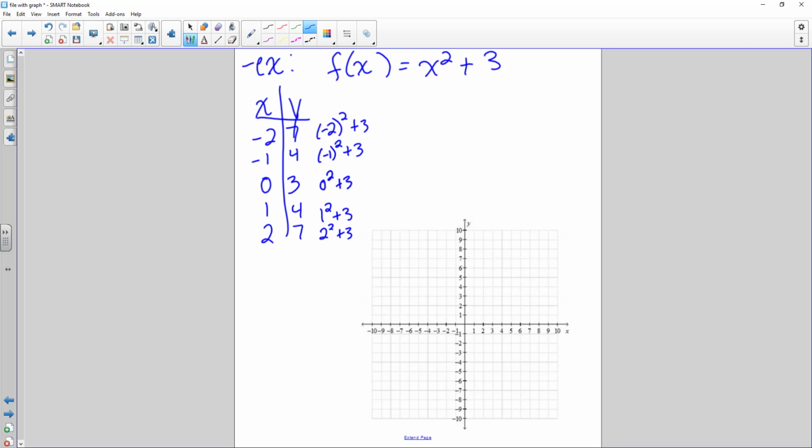I'll plot (0, 3) first, then (1, 4) and (2, 7). And then (negative 1, 4) and (negative 2, 7). So it still takes the form of a parabola.